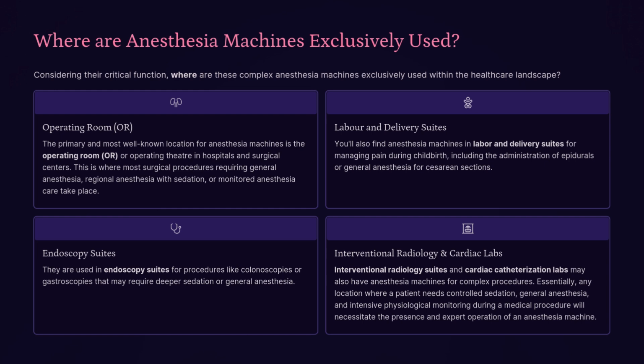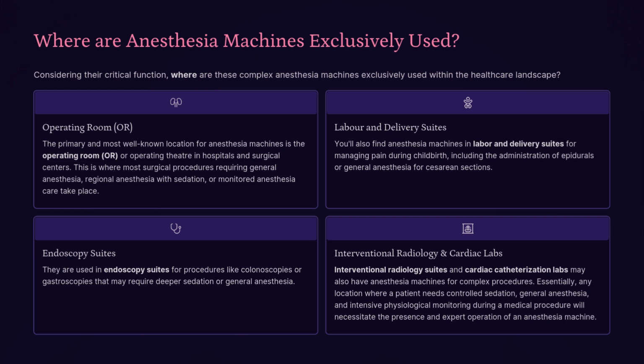However, their use extends beyond the main OR. You'll also find anesthesia machines in labor and delivery suites for managing pain during childbirth, including the administration of epidurals or general anesthesia for cesarean sections. They're used in endoscopy suites for procedures like colonoscopies or gastroscopies that may require deeper sedation or general anesthesia.